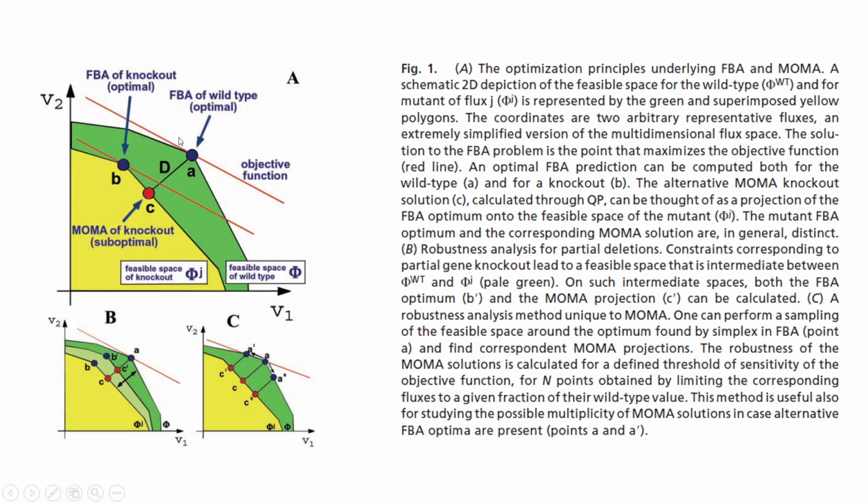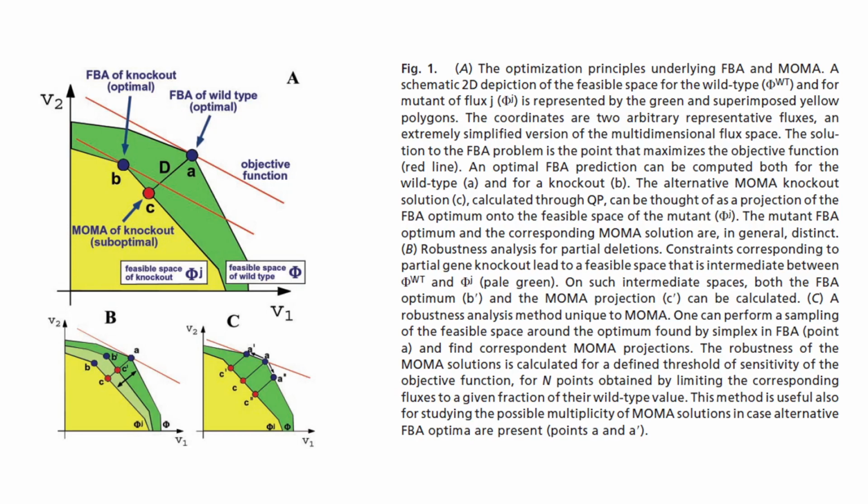So this is your maximum optimal solution here. You're maximizing your objective function, and this is the point. The solution to the FBA problem is the point that maximizes the objective function. An optimal FBA prediction can be computed both for the wild type and the knockout in a similar manner. So this is the highest, the maximum optimal solution here.